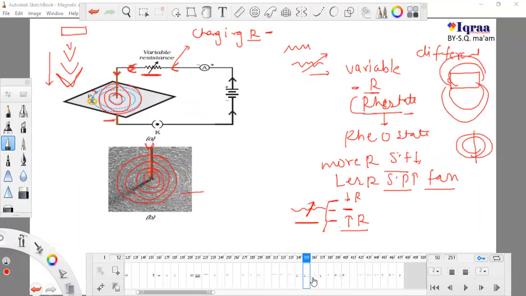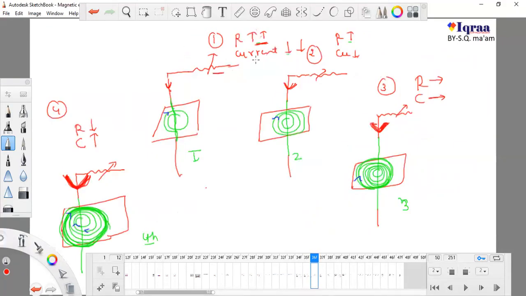The rheostat can control the resistance. If resistance is more, current is definitely less, and if the resistance is less, then the current will definitely be more. So it shows that if I flow a much larger amount of current, the amount of magnetic field lines will be higher.